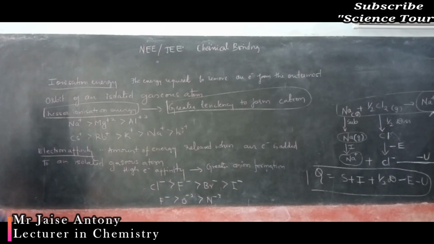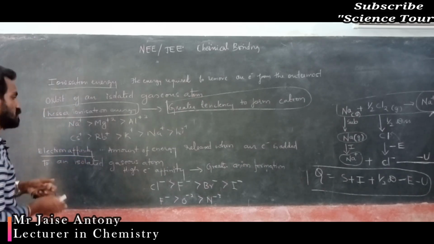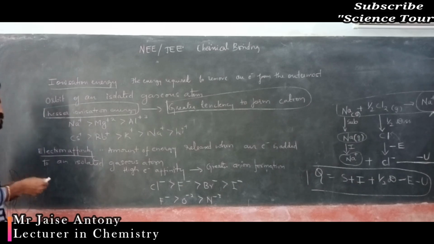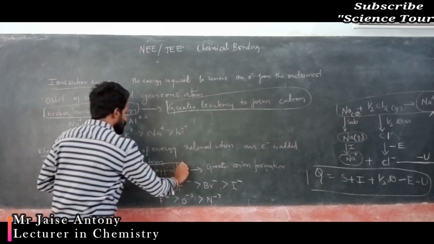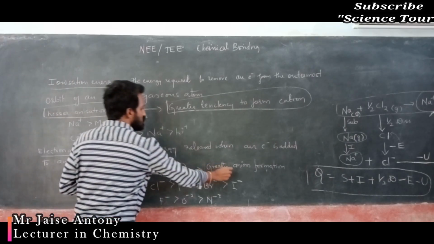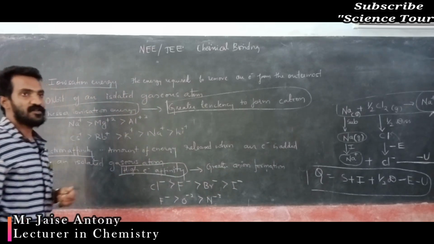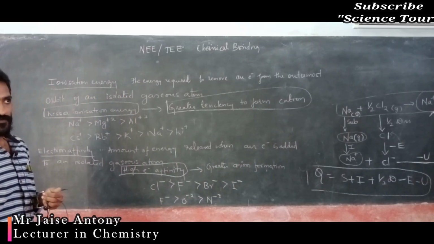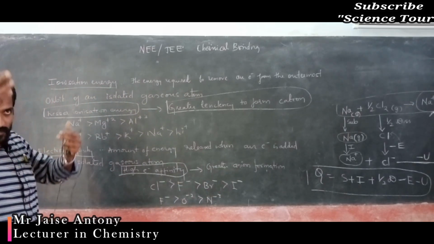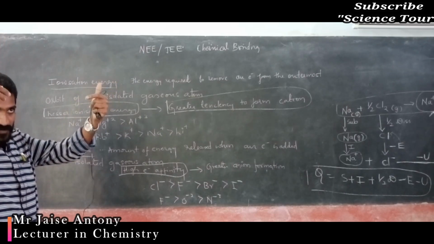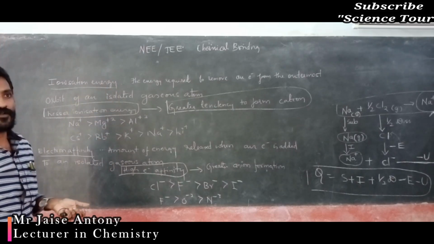Okay. Next, electron affinity, which I already explained. It is the amount of energy released when an electron is added to an isolated neutral gaseous atom. High electron affinity means a greater tendency to form an anion. High electron affinity means more electron attraction, so it is ready to accept an electron and becomes an anion.